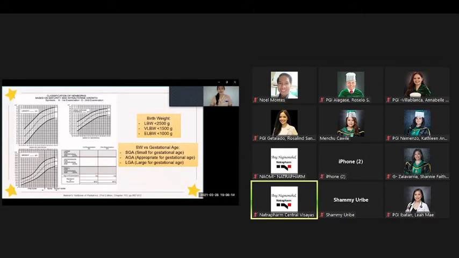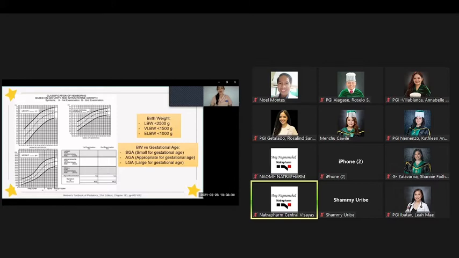We also classify neonates based on their birth weight and birth weight versus their gestational age. So for the birth weight, if they are less than 2,500 grams, they are considered low birth weight. For less than 1,500 grams, they are considered very low birth weight.